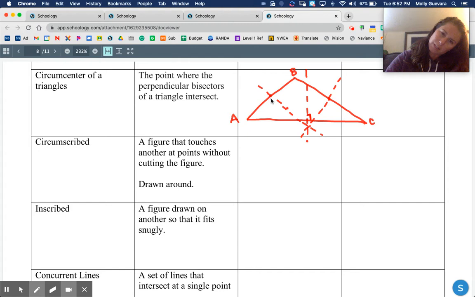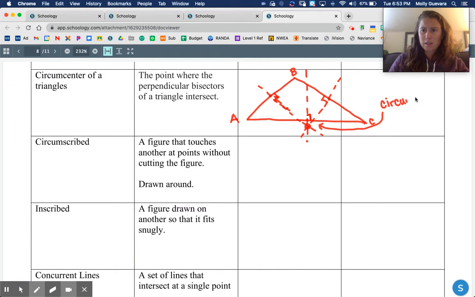There we go. Something like that. So that's perpendicular. And so all three of these lines intersect at this point called the circumcenter. And the circumcenter doesn't necessarily have to be inside the triangle. So notice here, it's not inside the triangle. And that's okay.